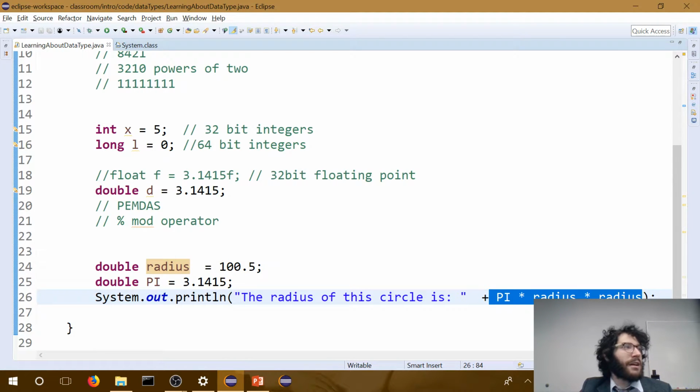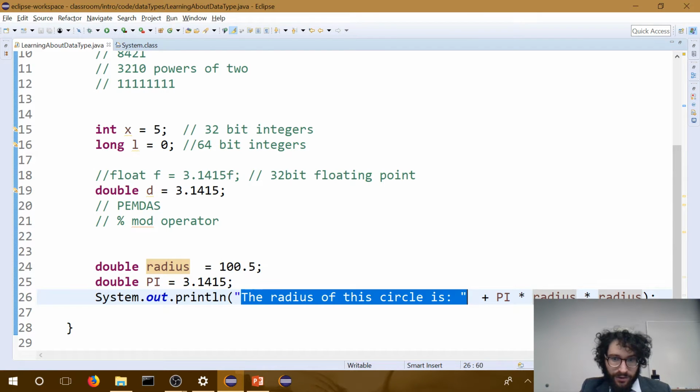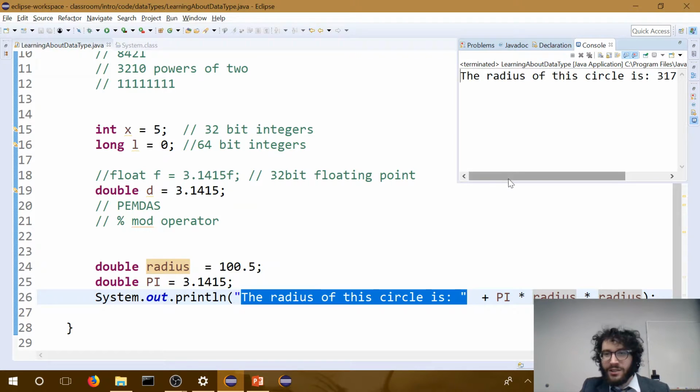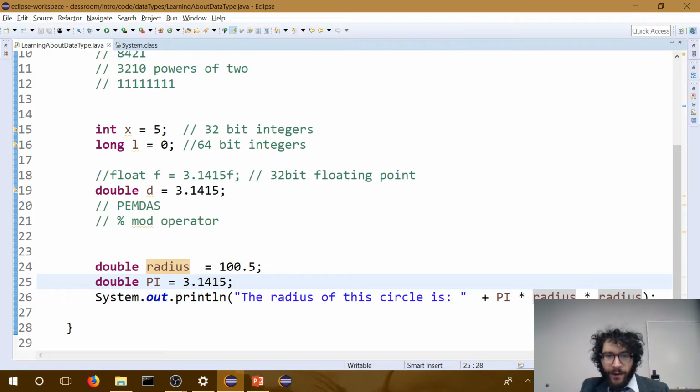We're going to calculate the numerical value, and then we glue it to this string over here, all this text. So that's how that kind of addition works. Now we'll learn about strings in a bit, but this is how doubles work for the most part.